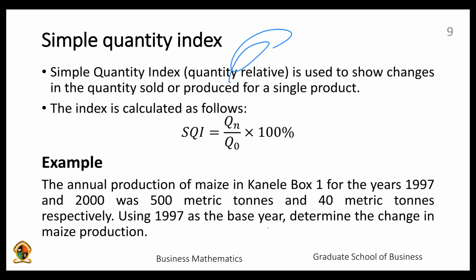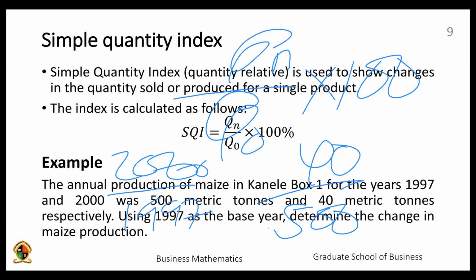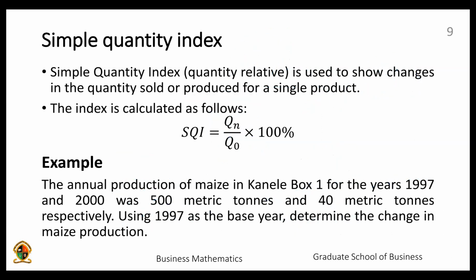We need the quantity of the new period over the quantity of the old period multiplied by 100. So the quantity of the new period is 40, right? The old period is 500, which is 1997. We're looking at the quantity of 2000 divided by the quantity of 1997 multiplied by 100.